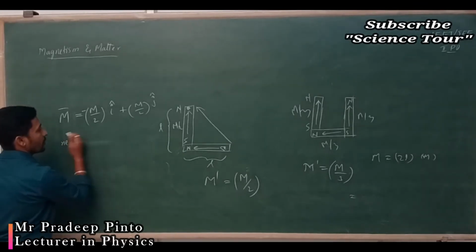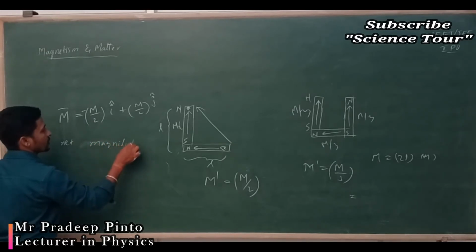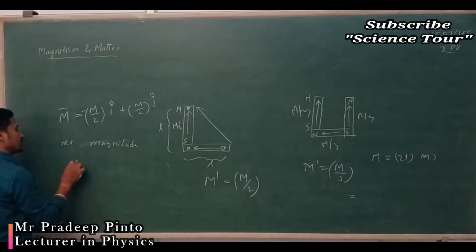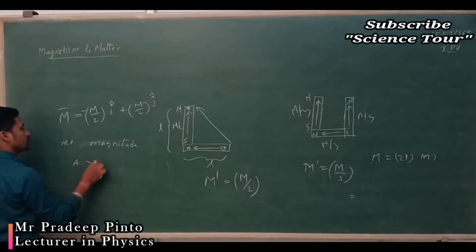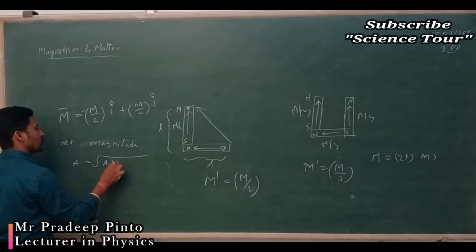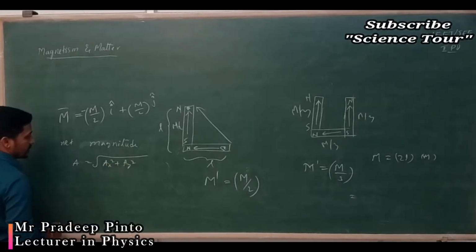So net, we know that for any vector the magnitude will be the square root of ax square plus ay square, isn't it?